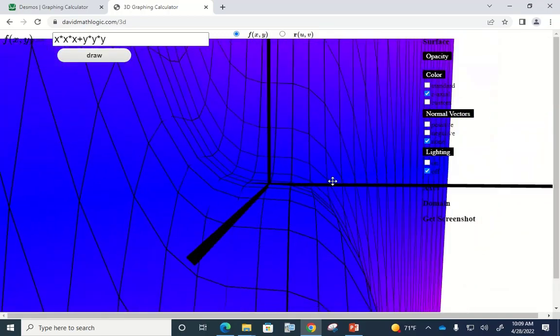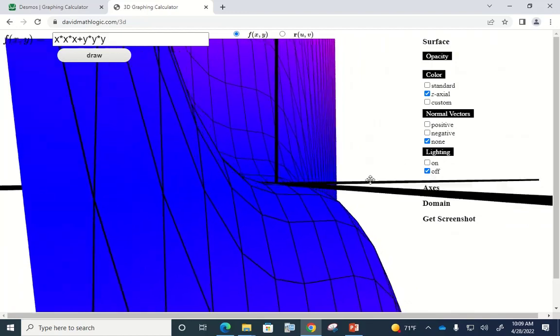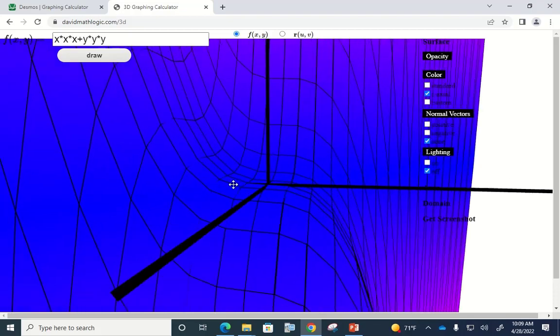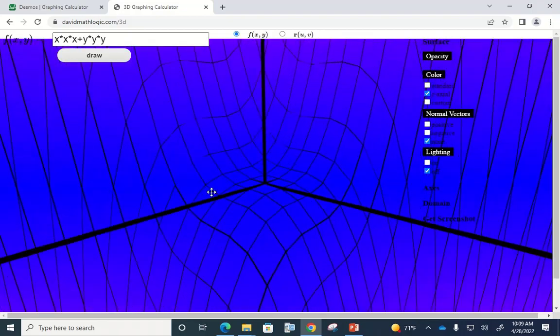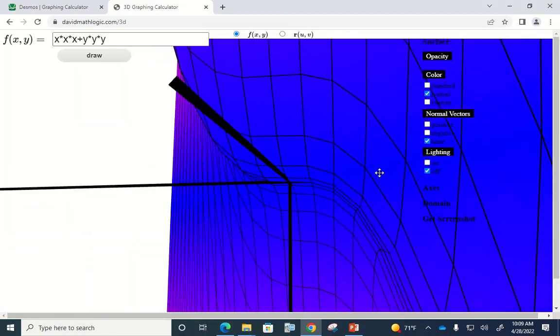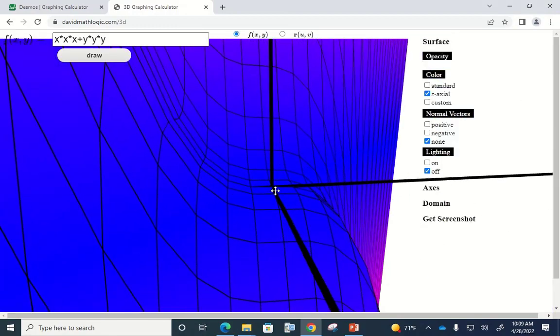But if you zoom in really close to that point, the slopes or the derivatives do get flat. They do go horizontal, so you do have a 0 derivative in both directions there. It just makes this kind of weird shelf in the face of this kind of cliff. So you can have points that are maximums, minimums, saddle points, or none of the above after you find your list of critical points.